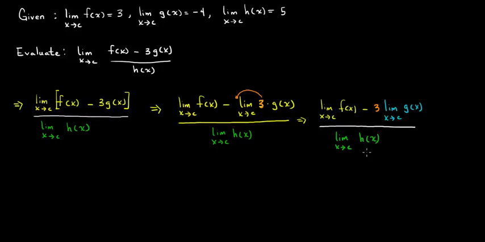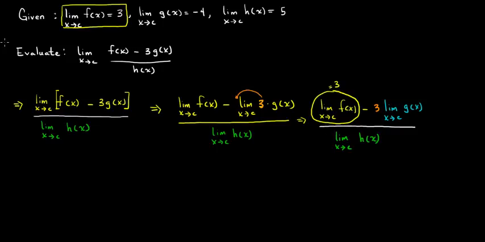Now, if we go back to the information they gave us, right here in yellow, they told us that the limit as x gets closer and closer to c of the function f is equal to 3. Well, that's this guy right here, so this equals 3.